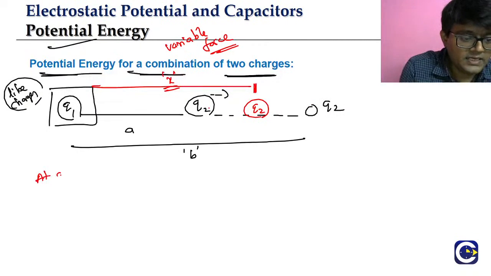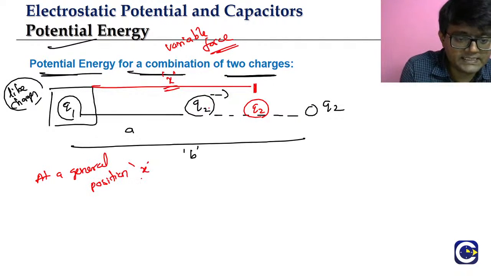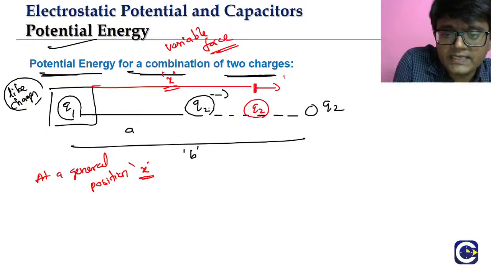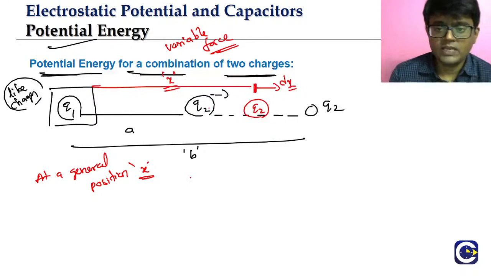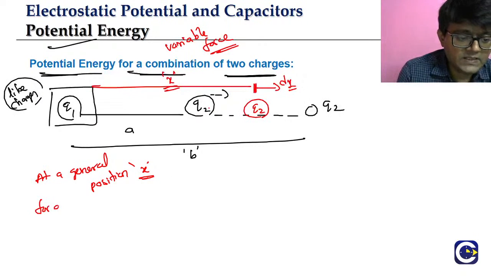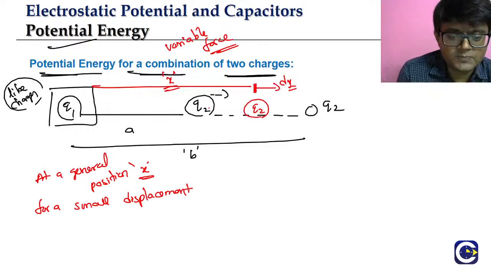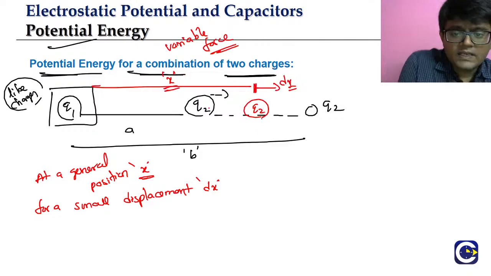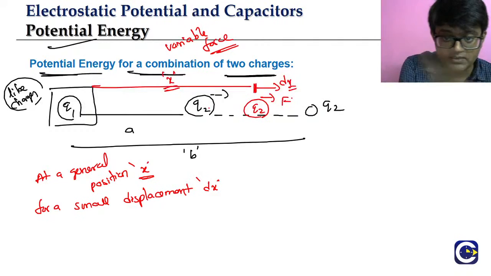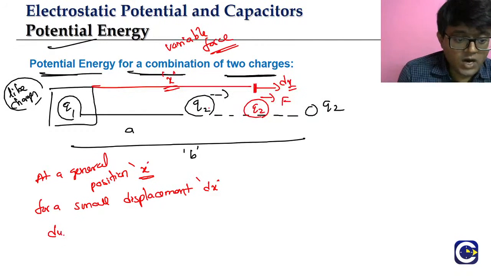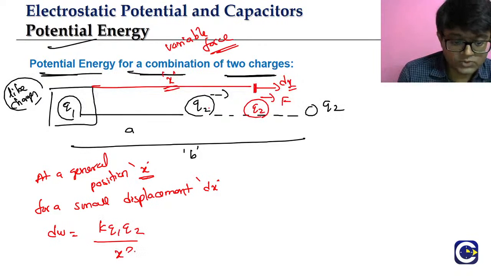Okay, at a general position x, அங்கிருந்து we are giving a displacement dx for a small displacement, dx. இங்க பாருங்க, force எப்படி ஆக்ட் ஆகும்? ரைட் சைடு தானா, which means electrostatic force and displacement ஒரே direction. The small work done by that electrostatic force என்ன? K q1 q2 by x square, இதுதான் force formula, into dx.